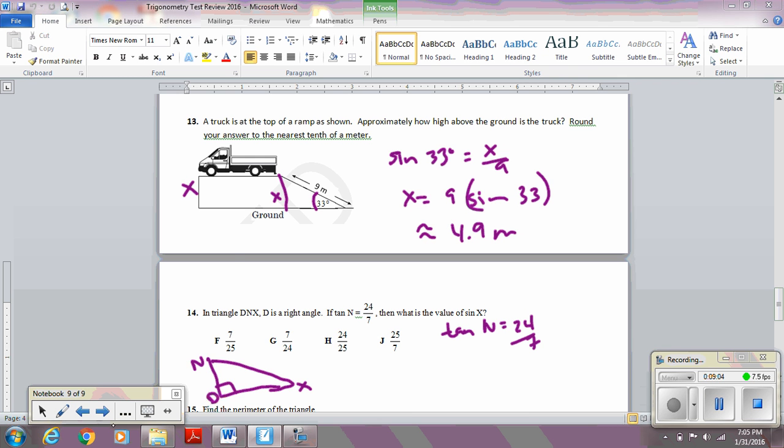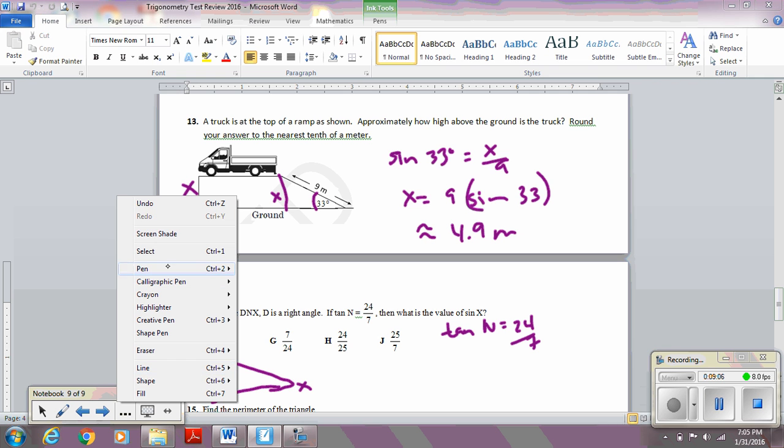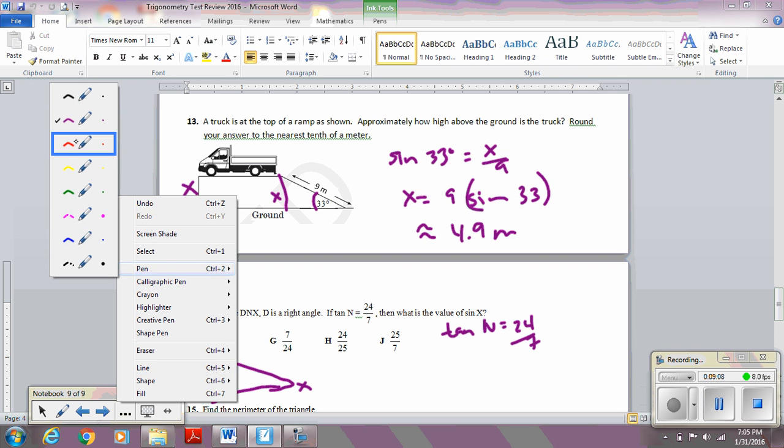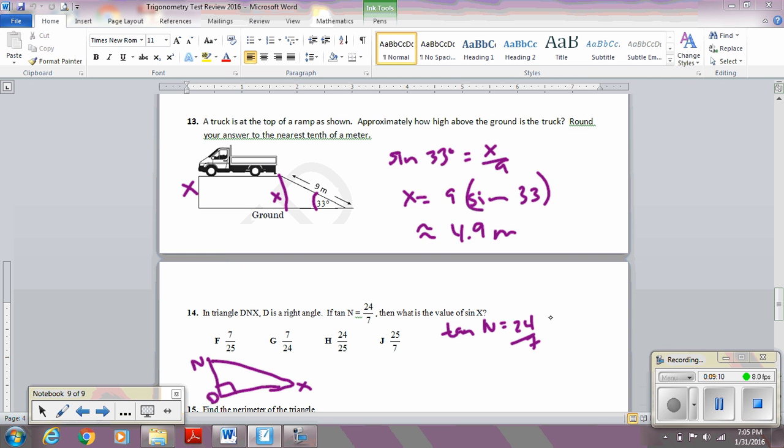And again, tangent by definition is opposite over adjacent. So this is your opposite side and this is your adjacent side coming from angle N. So opposite of angle N, I'm going to label 24, and adjacent, I will label 7.